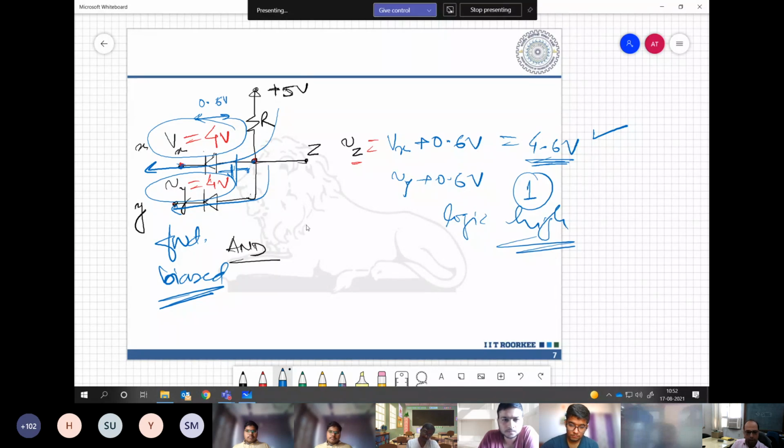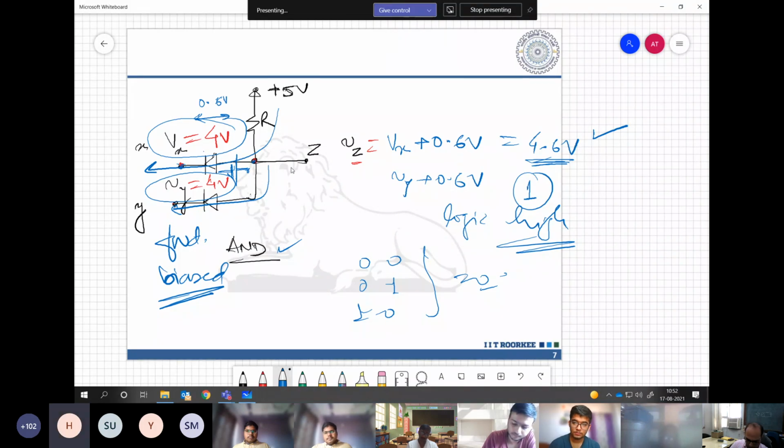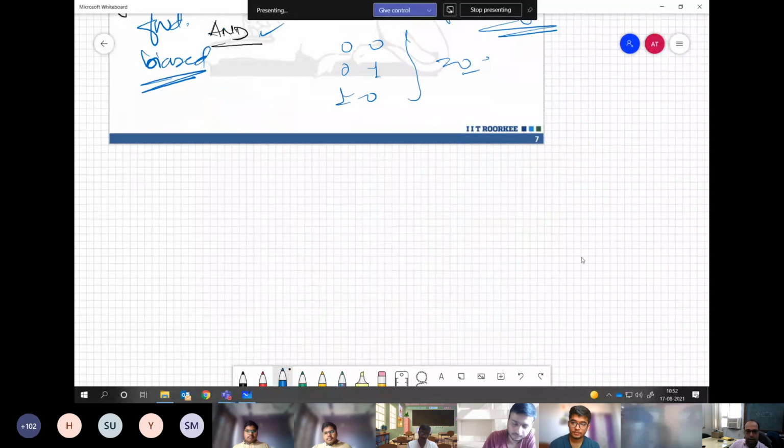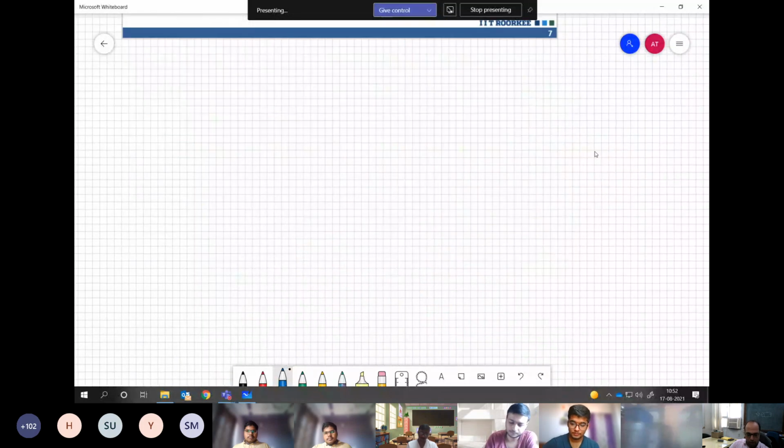Correct? Now this is only one point in the truth table which we have verified. For any other combination, 0 0, 0 1, 1 0, the output must turn up to 0 for this AND gate, isn't it? Yes or no? Yes, sir. So let us try the next combination.